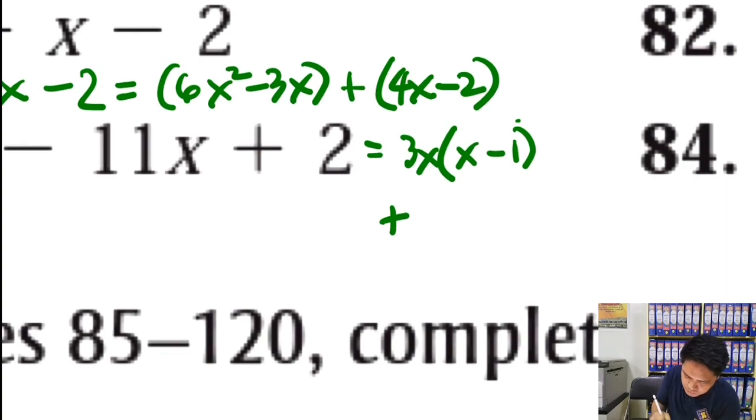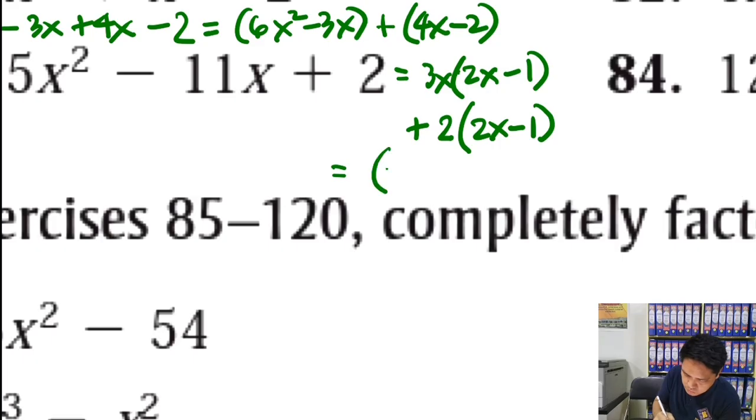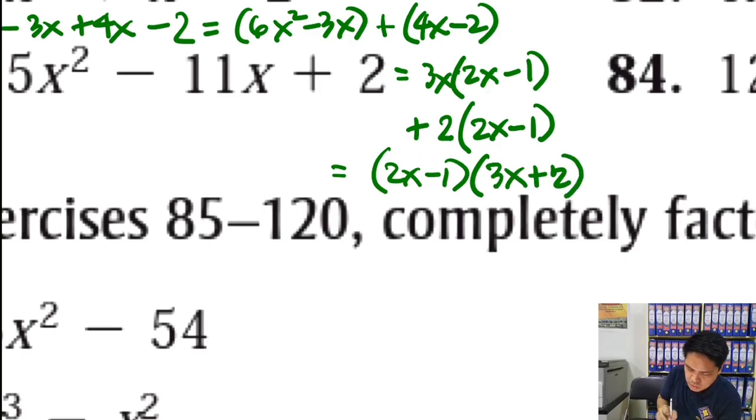Dito, yung na-factor out natin, 2 yung may iwan. Dito rin, i-factor out natin yung 2. May iwan is 2x minus 1. So, ayan. So we could further factor out 2x minus 1. Yung may iwan is ito na lang, 3x plus 2. So ito yung answer.